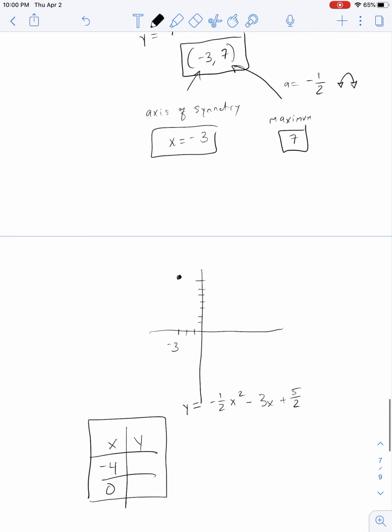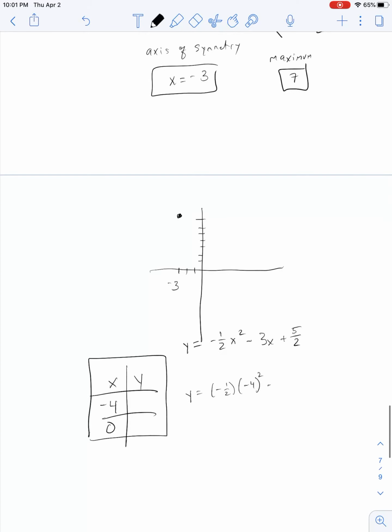And we just start replacing. So y equals negative 1 over 2 and negative 4. I'm putting parentheses around it, just showing the way that if you're using your calculator, you should be putting it in there like that.